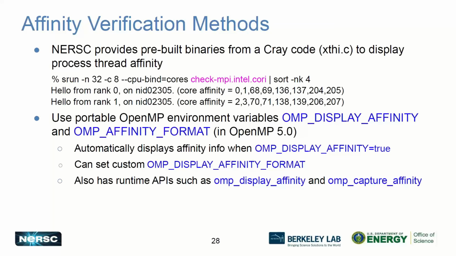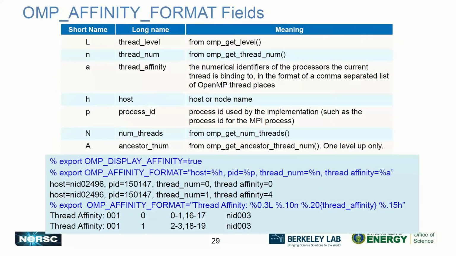When you set it to true, you get an automatic display, and you can set a custom affinity format, with lots of fields here, and you can customize with your own words, host equals something, and format. This is good for integrating with MPI tasks, because OpenMP does not know MPI. So you could call an API from MPI task 0, for example, and display your affinity with your custom words there.